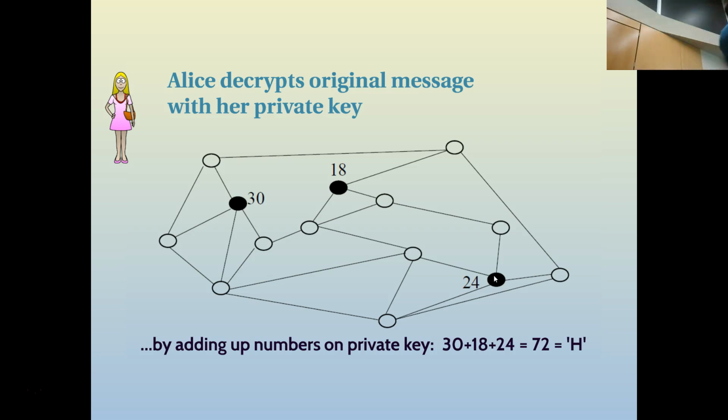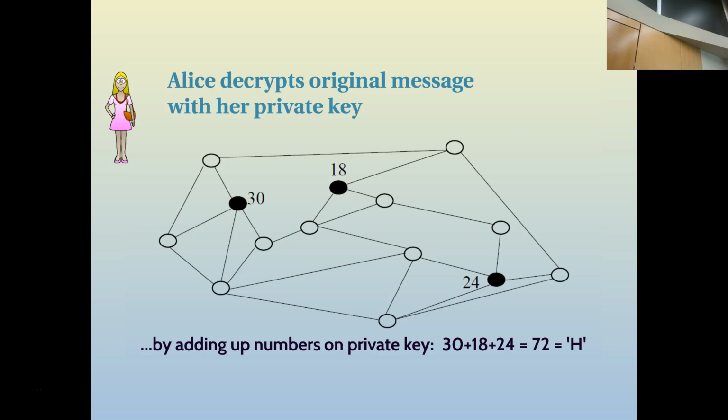That is just the way we have structured the dominating set, and we have calculated the sum of the neighbors and placed it into each node. Because Alice knows the dominating set of that graph, all you need to do is go to that set, add up those numbers, and you have the original message. You have the original data that you were going to send.